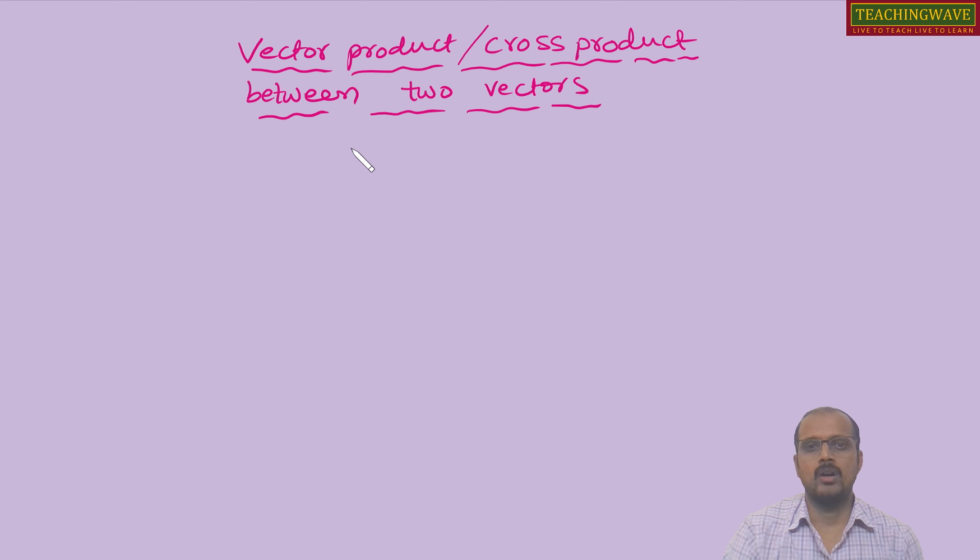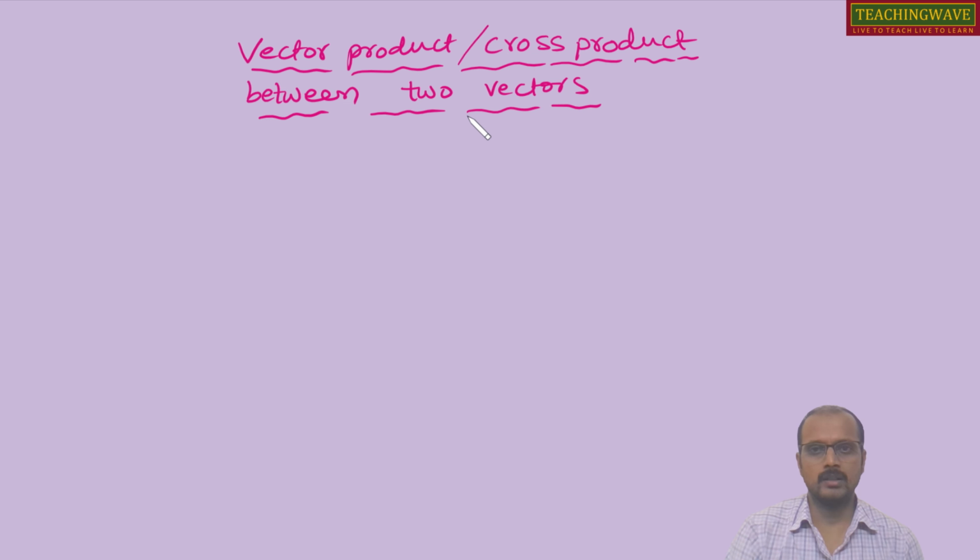If you want to multiply any two vectors, we cannot apply our ordinary algebra. We need to use some special rules, which we call vector algebra. One such rule is the vector product or cross product between two vectors. According to vector algebra, if you multiply any two vectors, the resultant would be either a scalar or a vector.